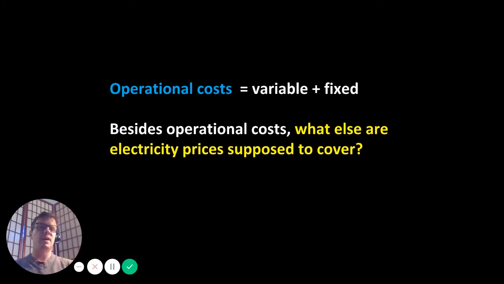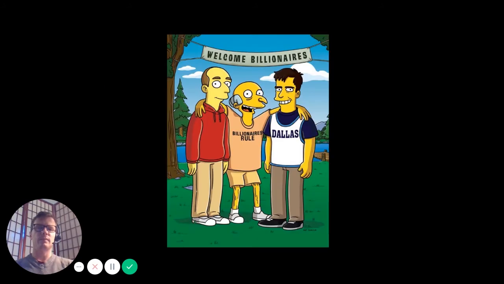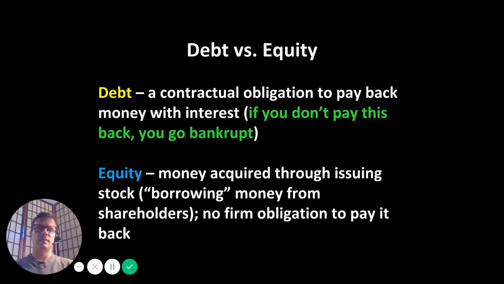Now, besides operational costs, what else are electricity prices supposed to cover? The answer is profits for shareholders. Remember, there's some investment that's made typically by shareholders in the actual infrastructure that we need to operate bulk electric power systems.